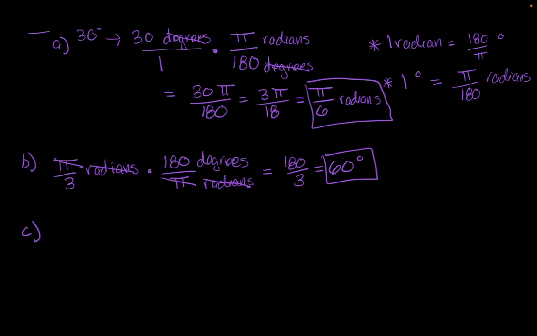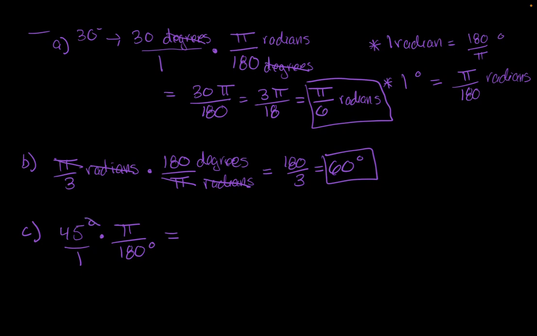Okay, let's do another one. What if I have 45 degrees? And I need to, again, convert that to radians. Well, what am I going to multiply by? If you want, instead of the little circle for the degree symbol, you could write the word degrees. Sometimes it's easier to see the word degrees and how they're going to cancel. Well, I have degrees in my numerator, so I need degrees in the denominator. So I would use pi over 180 degrees.